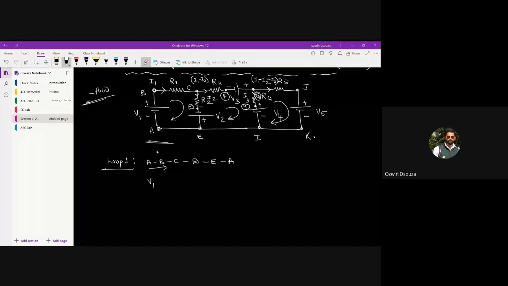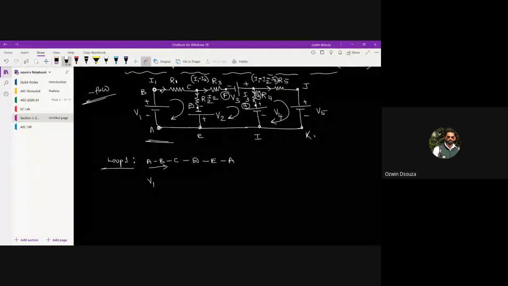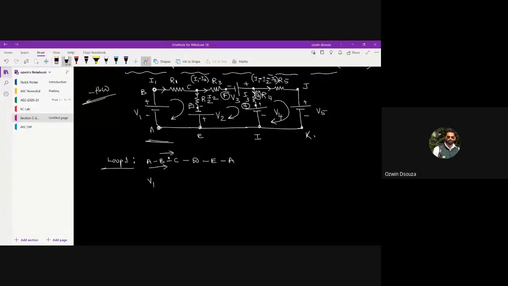Hence, the potential is plus V1. Then when I move from B to C, my traversal as well as the current direction is in the same direction. Hence, I get a potential drop, that is I1 into R1, of course with a negative sign.